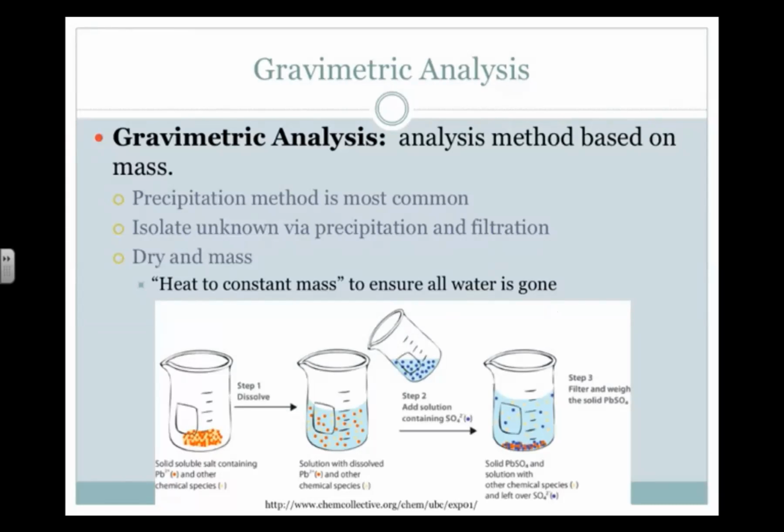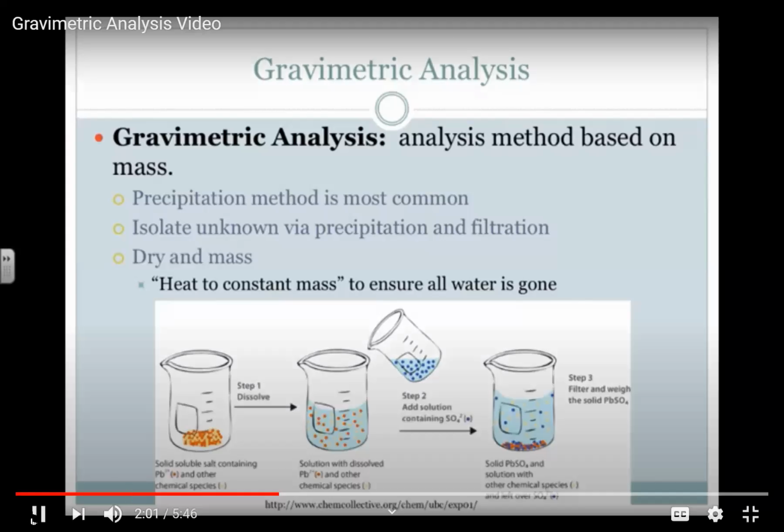Once it's dissolved, we add another aqueous solution that contains an ion which will form a precipitate with the lead-2+ ion. In this case, that ion is sulfate. The sulfate combines with the lead 2+ to form solid lead 2 sulfate. This solid can be easily filtered out, dried, and weighed. The mass of this solid can then be used to determine the amount of lead 2+ in the original sample.